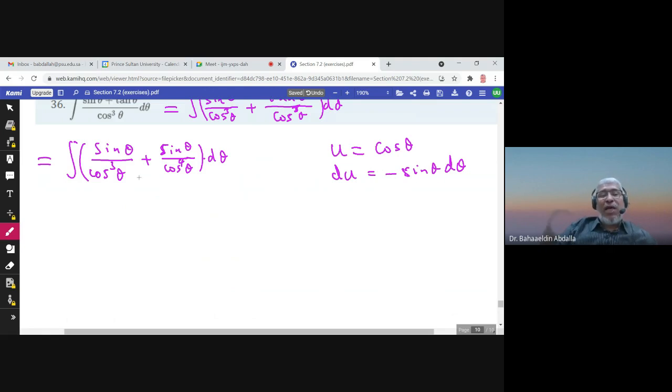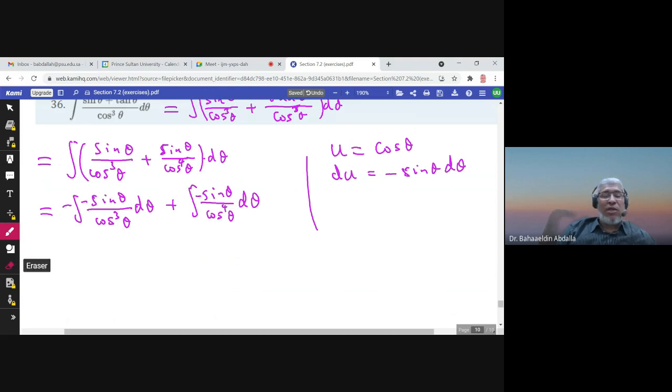So I can write these as two integrals. Sine theta over cosine cube theta d theta plus sine theta over cosine 4 theta d theta. And then I use this one. I need a minus sign. Let this be minus, so it would be negative.